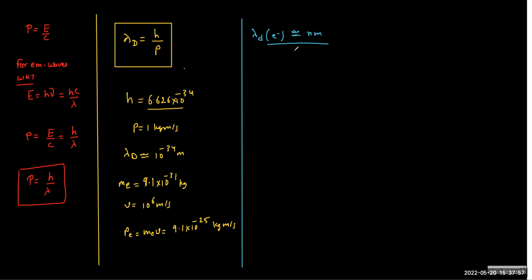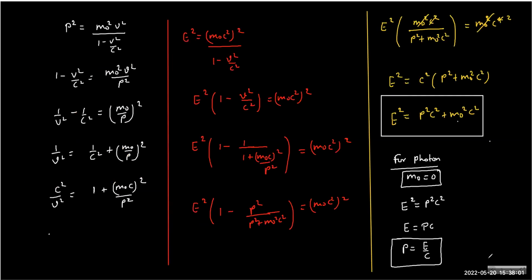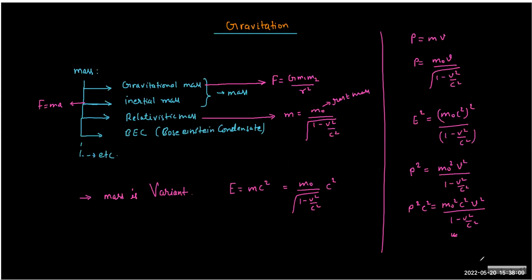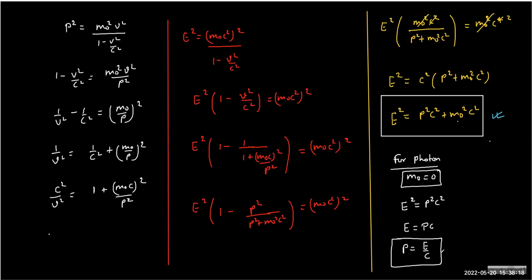Anyway, why was I talking about this? Because I wanted to derive this formula. Sir, I don't exactly understand how p equals h by lambda came. It comes from energy E by c, the momentum, no?